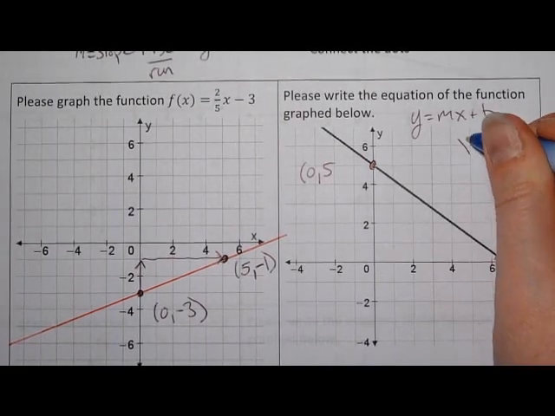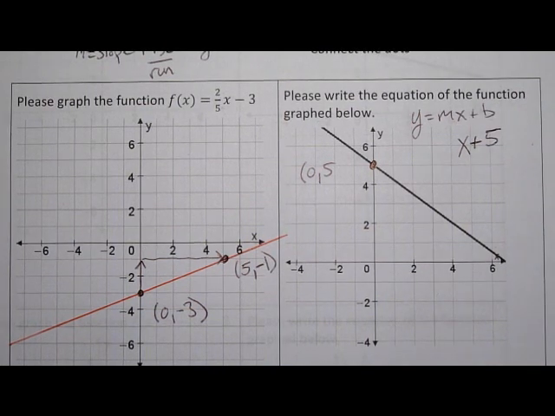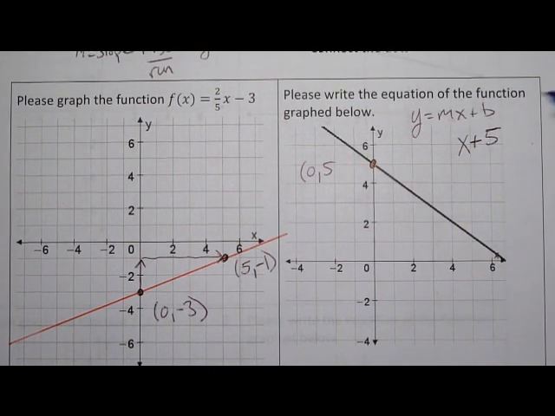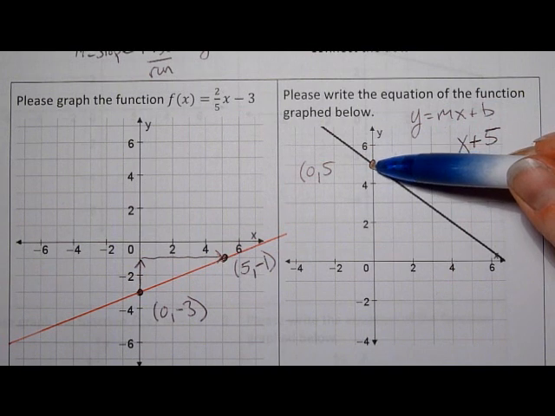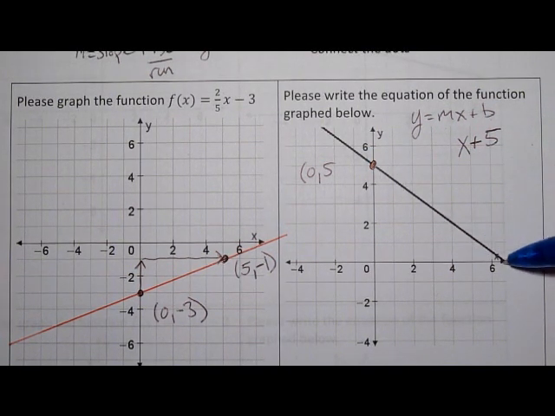I'm going to have an x value, but I need to know what the slope is, what m is. So I'm going to find my slope by figuring out, if I move from this point to another point that crosses at a whole number value, what is the rise and the run.